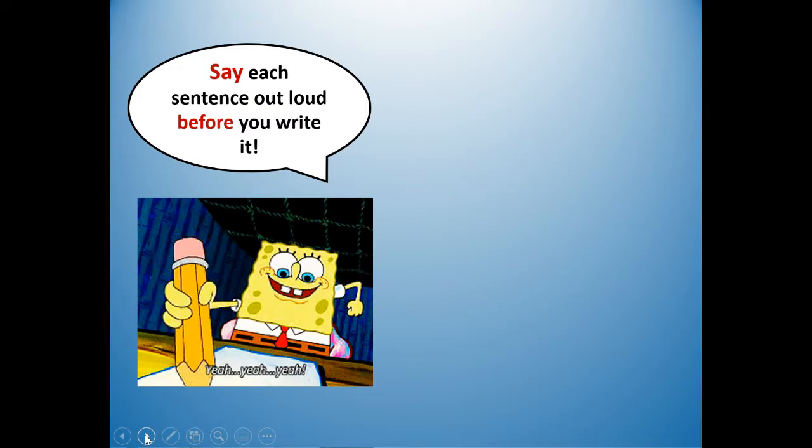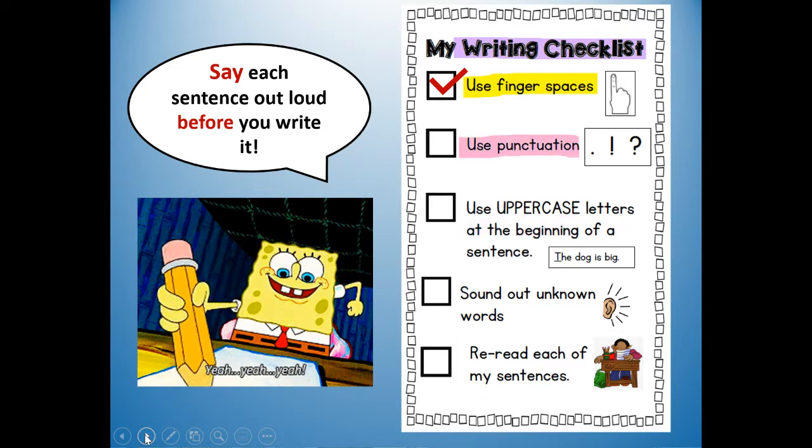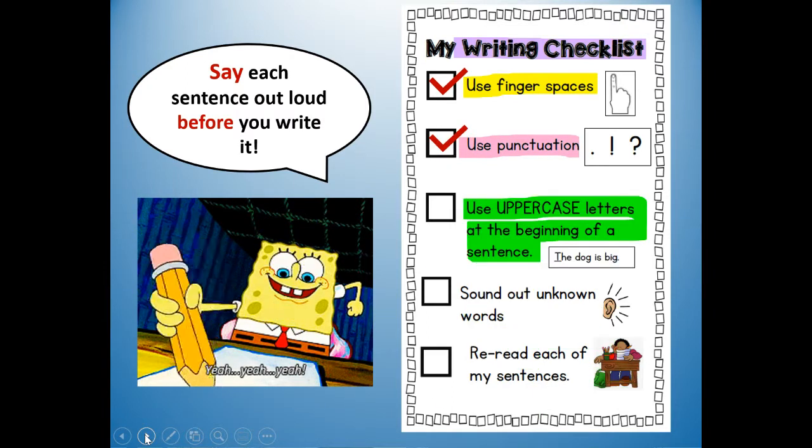That will help you. And when you write, here's our writing checklist. Make sure you have finger spaces between your words so that they're not one long string of letters. Use punctuation. You put a period at the end of your sentence. You use uppercase letters at the beginning of a sentence, or capital letters.